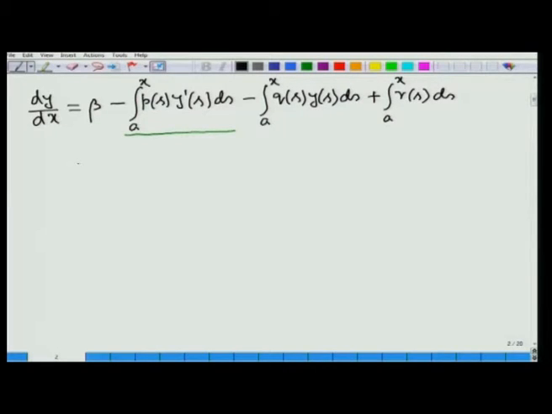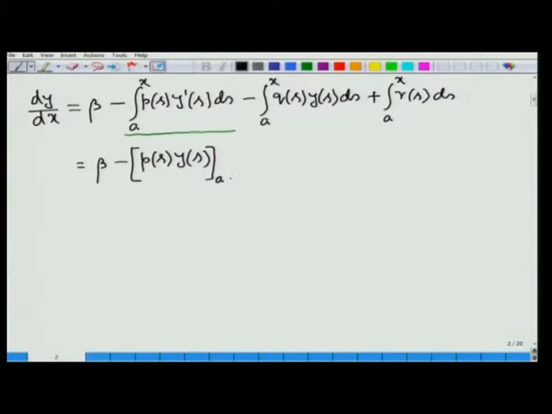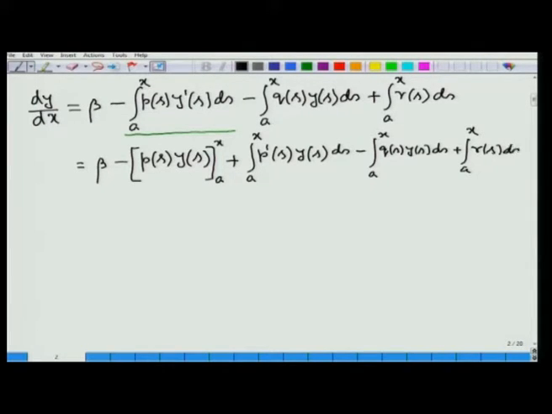If we integrate using integration by parts, then we have beta minus p(s) y(s), where we consider y dot (s) as v and p as u, limit from a to x, then plus integral a to x p dashed (s) y(s) ds, minus integral a to x q(s) y(s) ds, plus integral a to x r(s) ds.